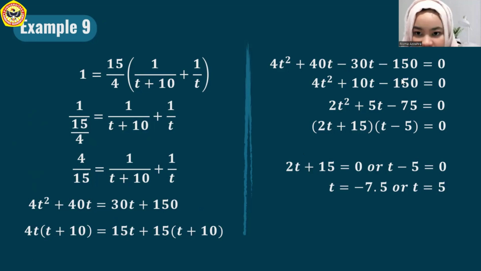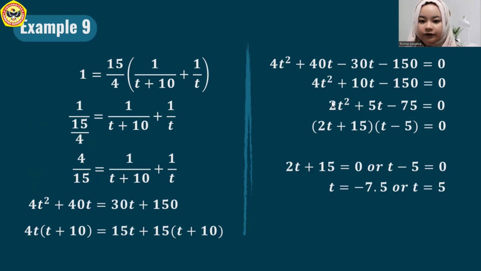So 40 plus 10t minus 150 equals 10. So 2t squared plus 5t minus 75 equals 0. We just have to simplify this by dividing both sides by 2.